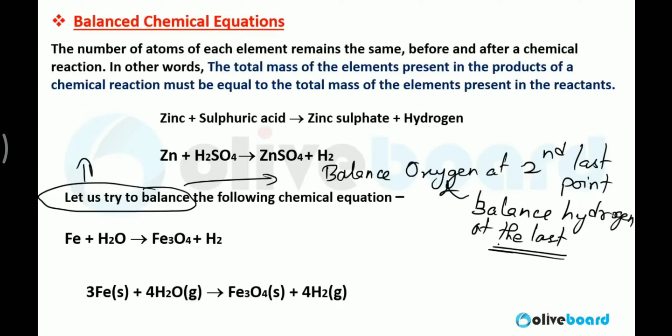And what you need to balance first? Whatever the rest of the elements present, like in this reaction Fe plus H2O, hydrogen and oxygen and iron are there. So oxygen you need to balance in the second last condition, and hydrogen in the last condition.